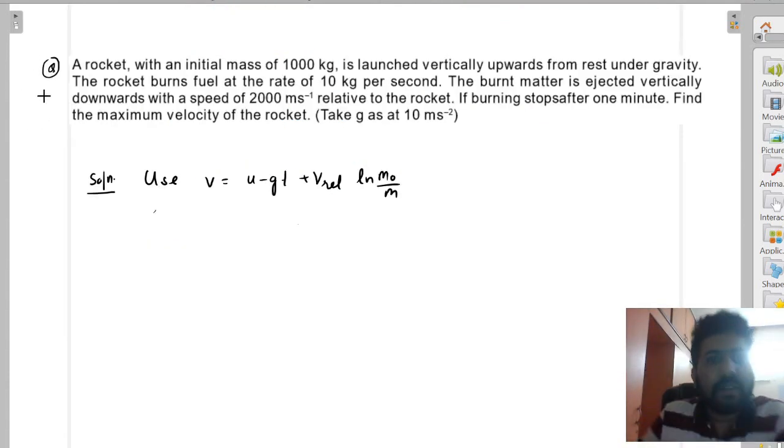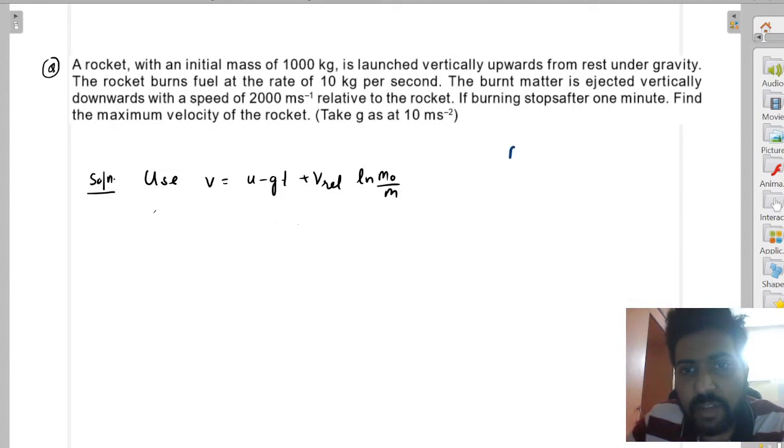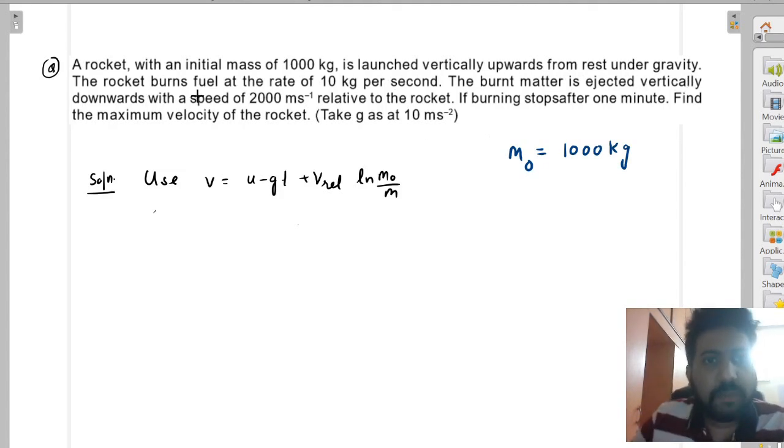Now let us do one question. A rocket with an initial mass of 1000 kg. So in this question it is given that m naught is equal to 1000 kg, launched vertically upwards from rest under gravity. The rocket burns fuel at a rate of 10 kg per second.